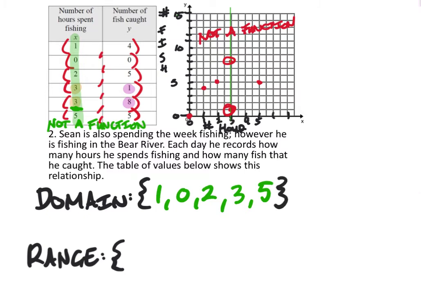Okay, it just needs to be a list of the values, the x values. So let's look at the y values. That would be the range here. So I got a list of the y values. I got a 4, 0, 5, 1, 8. And then again, the 5 happens on this last row right here, but I don't need to list it a second time.